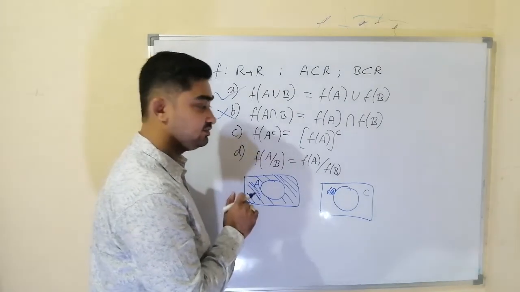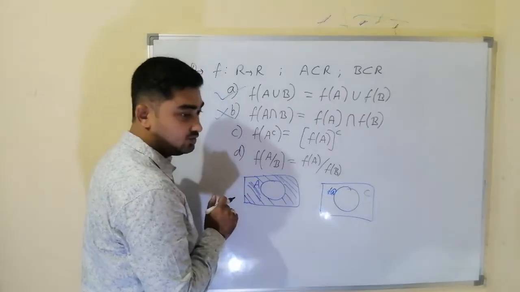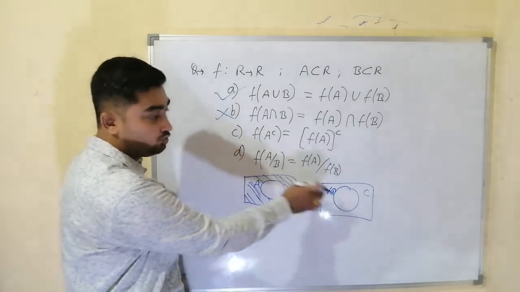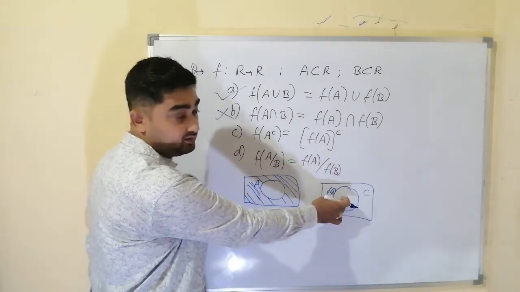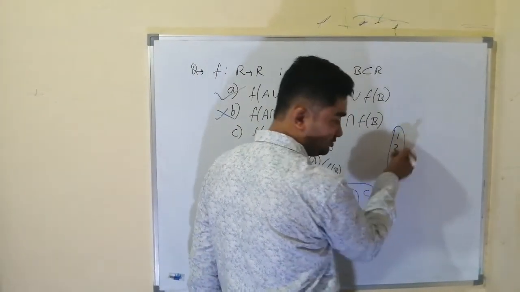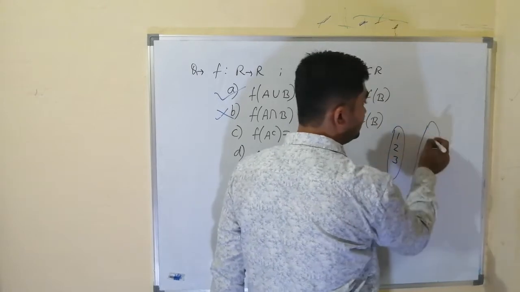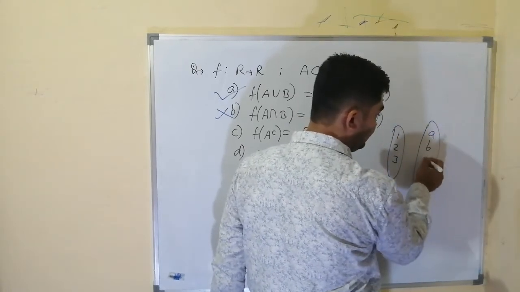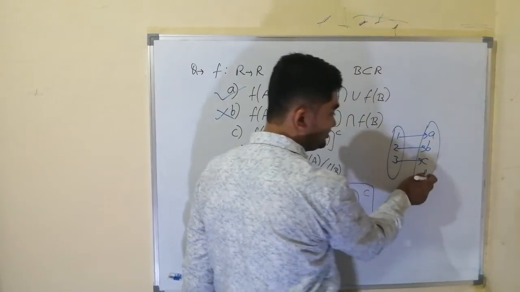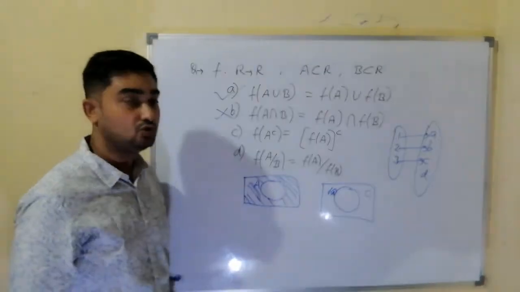It should be the case, but we know there can be a function where we have extra elements in the codomain. Let us say set A has 3 elements, 1, 2 and 3. The codomain has 4 elements, A, B, C and D. 1 is mapped to this, 2 is mapped to this, 3 is mapped to this, but there is also D in the codomain.